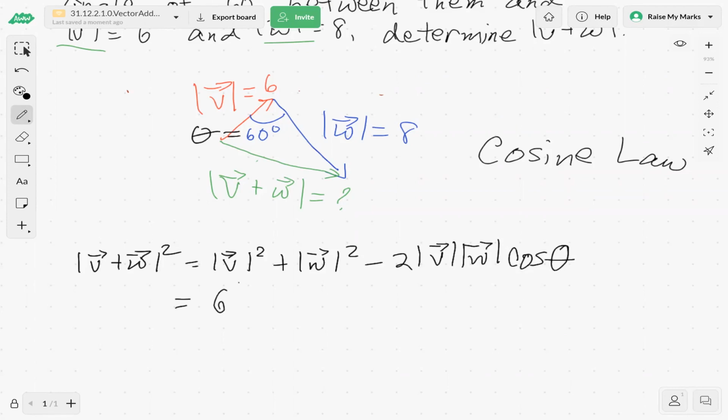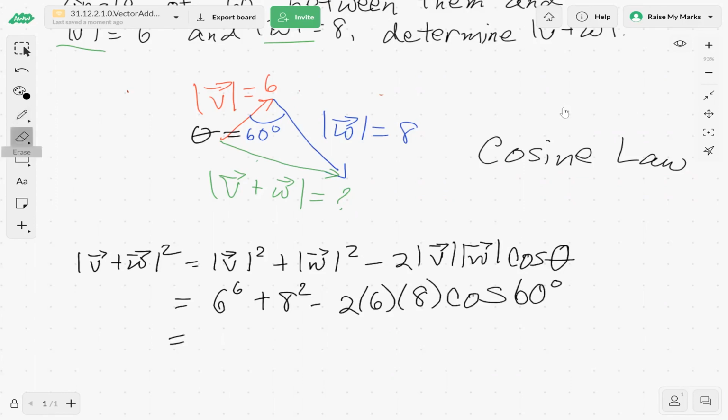Let's see what happens. 6 squared plus 8 squared minus 2 times 6 times 8 times the cosine of 60 degrees. Whoops, not 6 to the power 6, 6 squared.